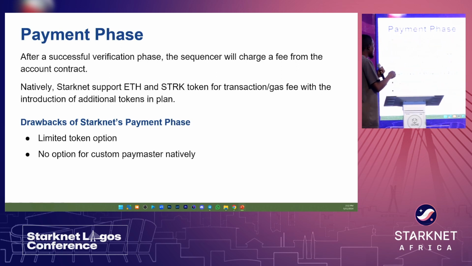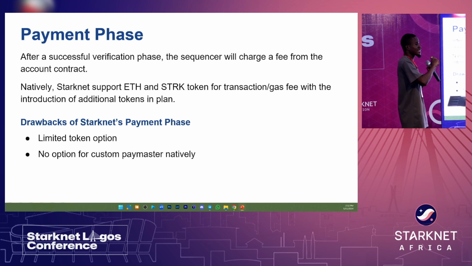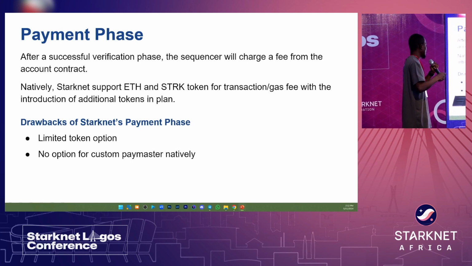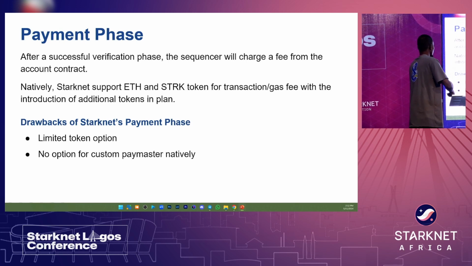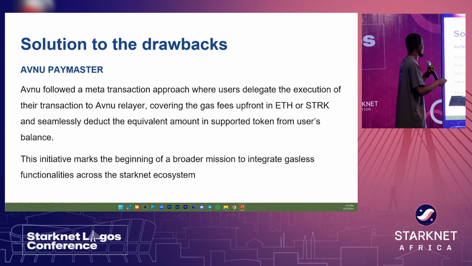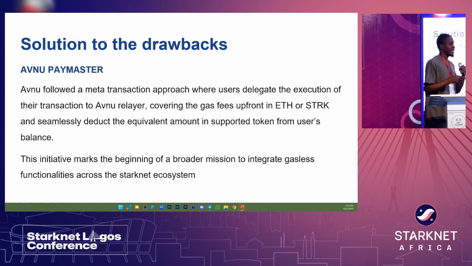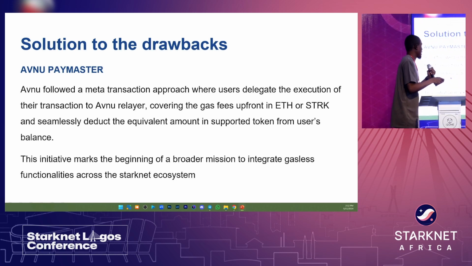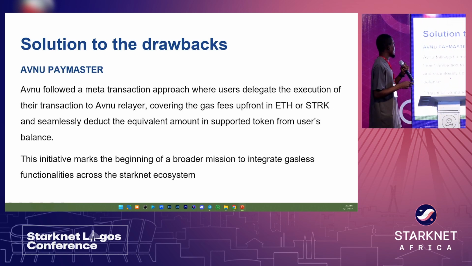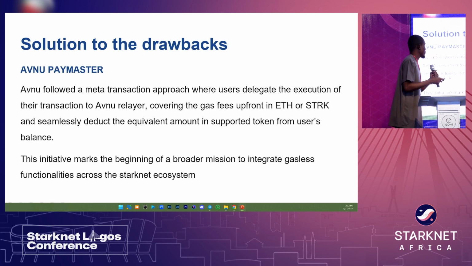So this is kind of limiting Starknet in that pattern, and that brought the idea of a form of paymaster Avenue implemented. Avenue is an exchange on Starknet, and they implemented a kind of paymaster that will improve the flexibility of paymaster.